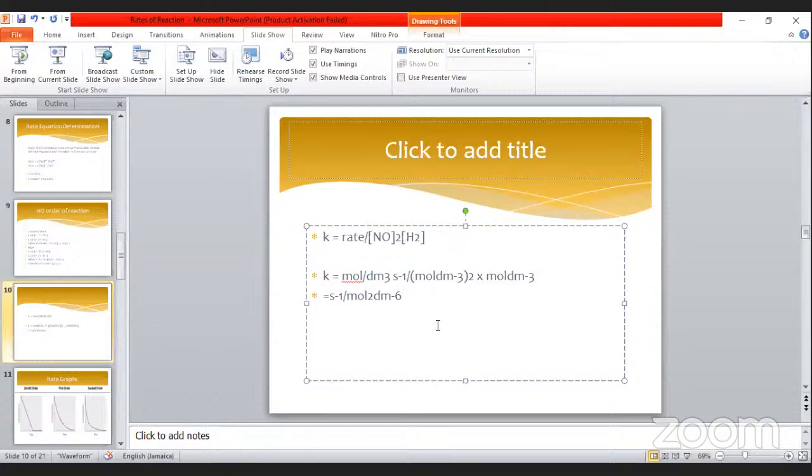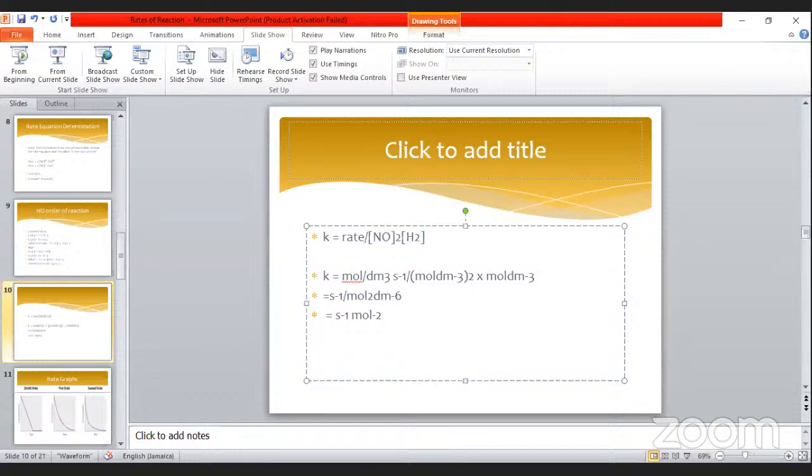But remember, with indices, when you divide, you basically subtract your index. So your units now become, I'm going to change the order. I just want to show them how it is.